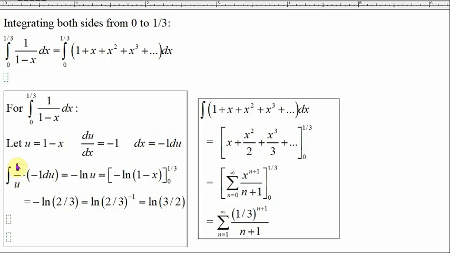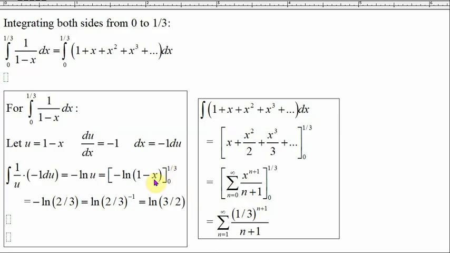Recall that the integral of 1 over u is the natural log of u, and then we have this negative right here. But u is 1 minus x, so we get negative ln of 1 minus x, and then evaluate from 0 to 1/3.